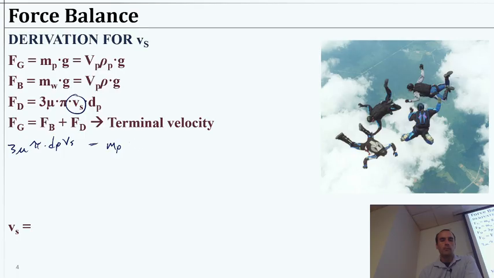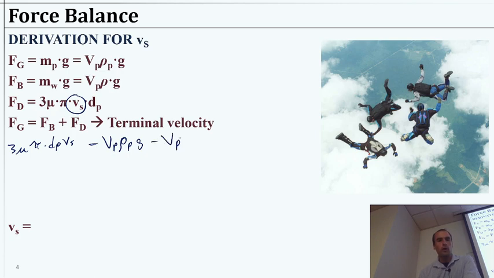times, and in fact, I'm not going to start with the mass. I'm going to start with the volume. So Vp times the density of the particle times g. That's our F of g, minus the buoyant force.